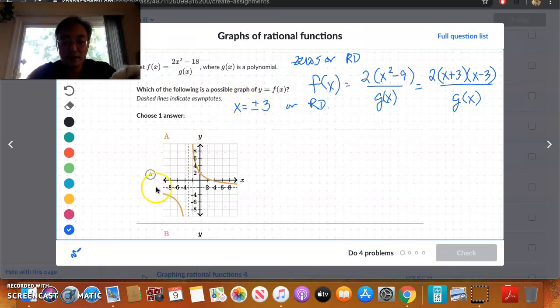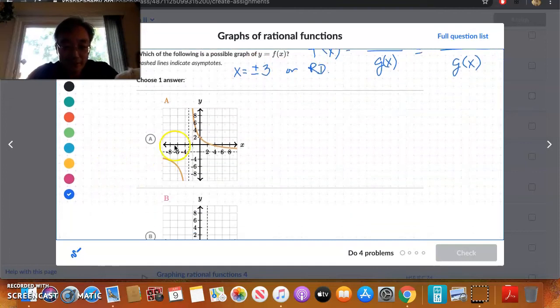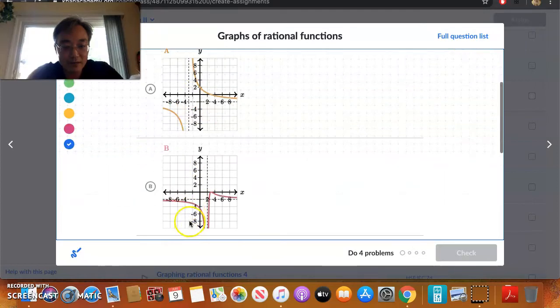So let's look at the graphs and see which ones give us zeros at positive or negative 3, or removable discontinuities, holes, at positive or negative 3. Here we definitely have a 0. It looks like we have a 0 at positive 3 here, correct? Here we have a vertical asymptote.